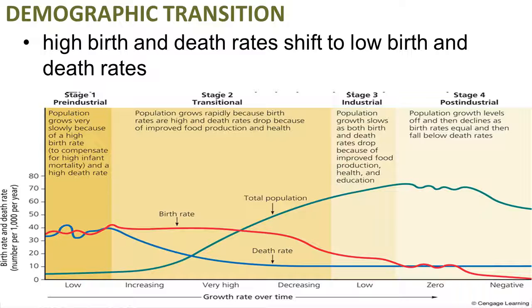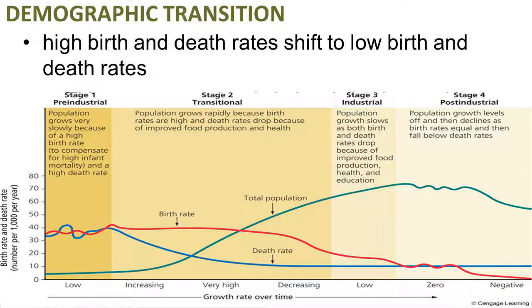In stage 1, the pre-industrial stage, the population grows very slowly because of a high birth rate, which is basically in order to offset the high infant mortality rate, as well as a high death rate. So we're not seeing much population growth during stage 1.